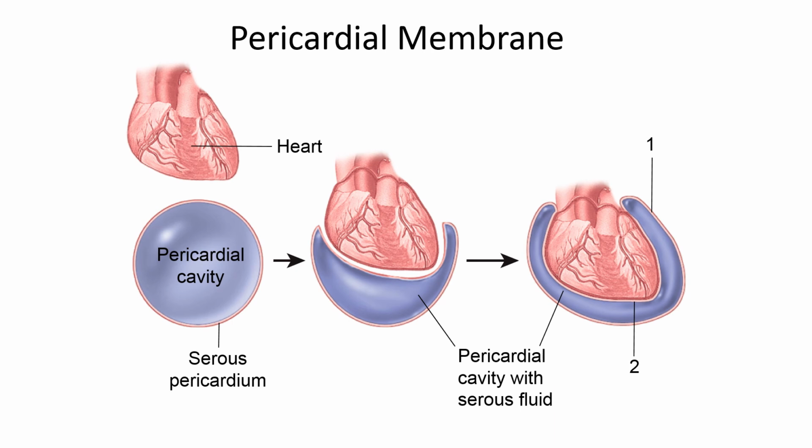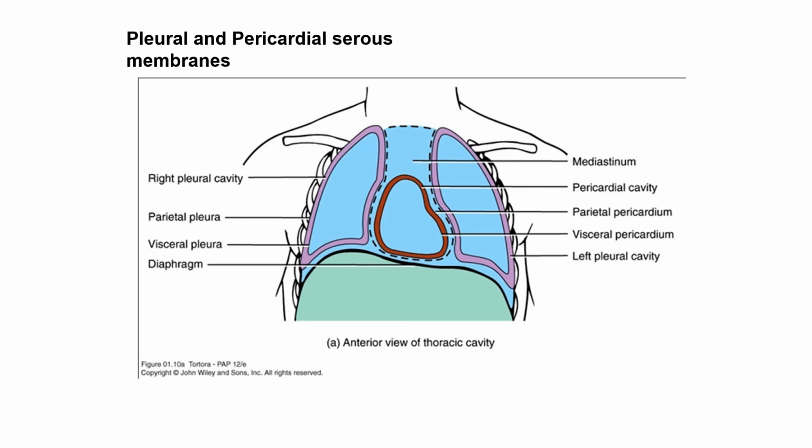Next slide. And just to show you also the pleural membranes, you have the right pleural cavity over here, and here's the lung, the right lung. And the pleura, the pleural membrane, is this here. There's the parietal layer on the outside and the visceral layer inside, and then there's fluid between those two layers.